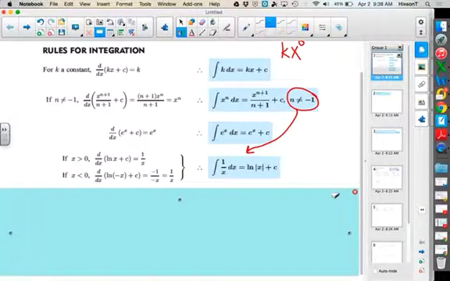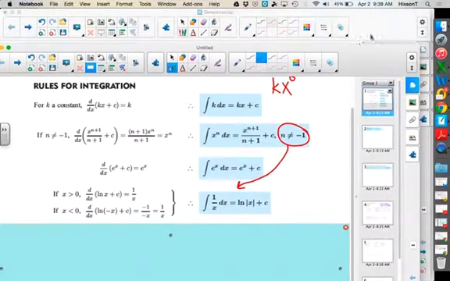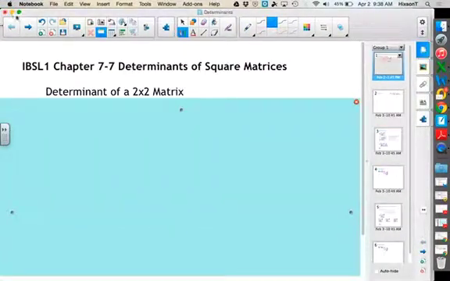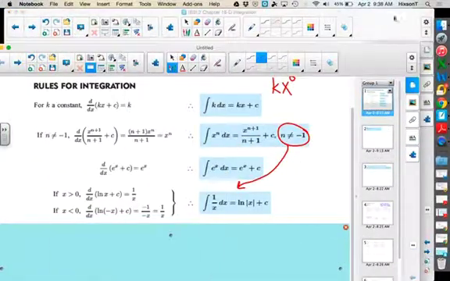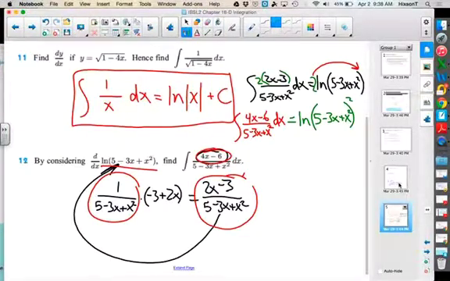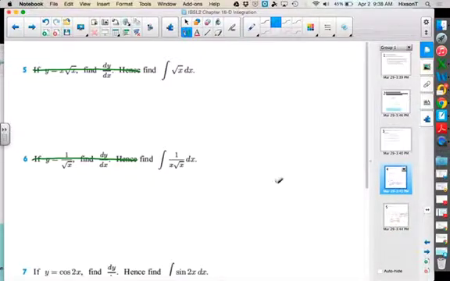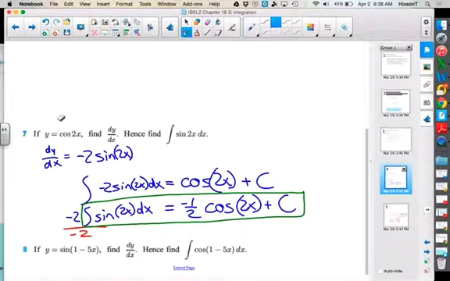All right, and then our last two. When we were looking at the homework problems, we also saw one where we were working with sine and cosine. When we took the integral of sine of 2x, we ended up with a negative 1/2 cosine of 2x.